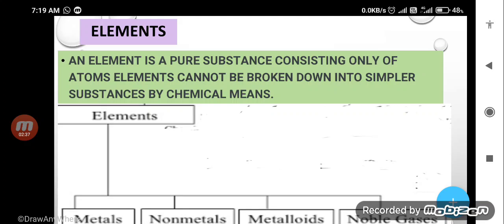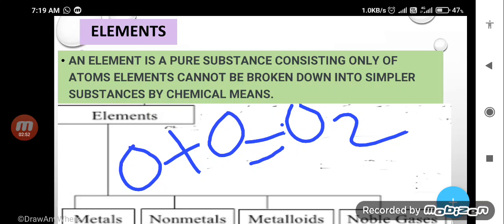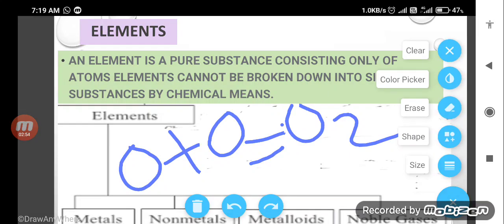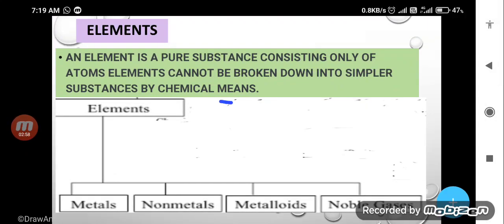If we talk about oxygen, what is the formula of oxygen? O2, because it is found in the form of a molecule, because they are diatomic, and they always form by the combination of the same atom. Suppose this is oxygen.